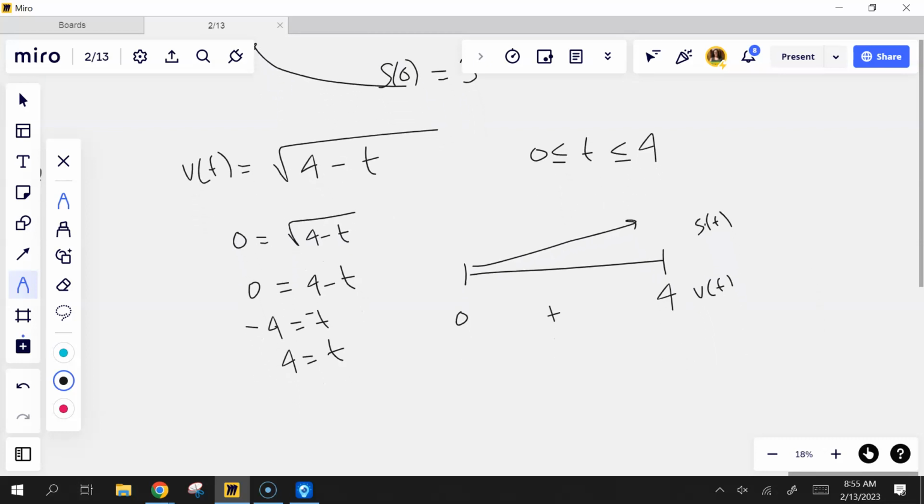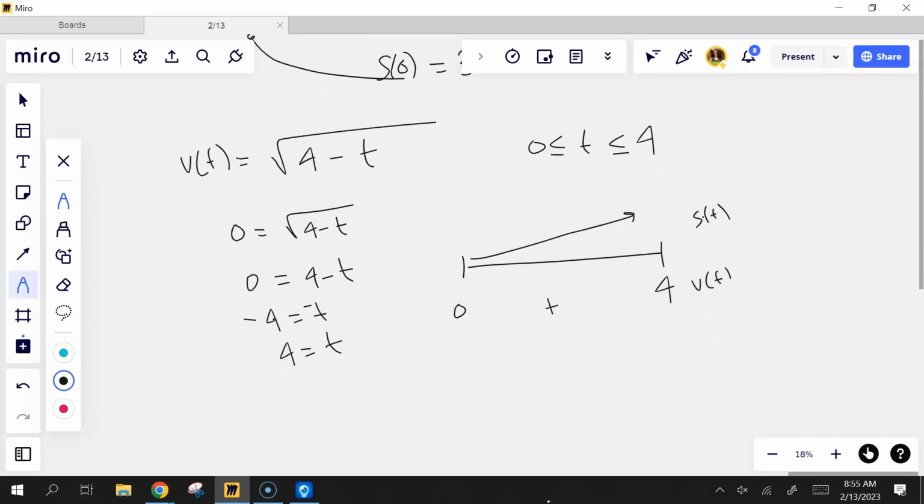So as I describe this, I'm moving, did it say left or right? When is it moving left? When is it moving right? And when is it stopped? So the particle moves right from 0 to 4 seconds.